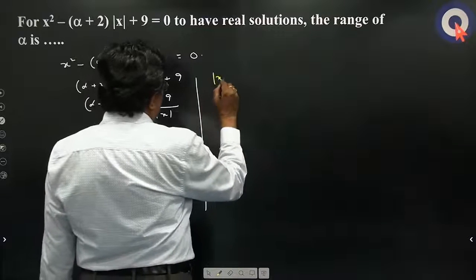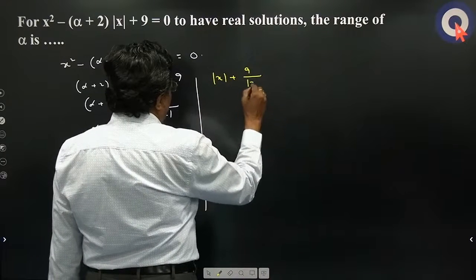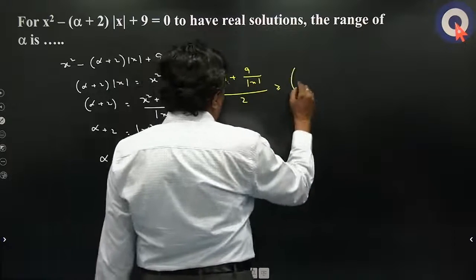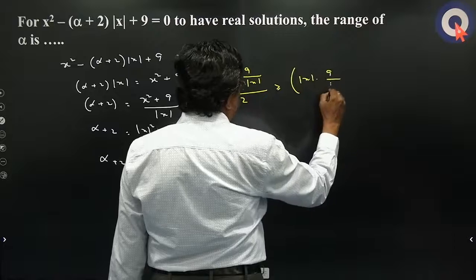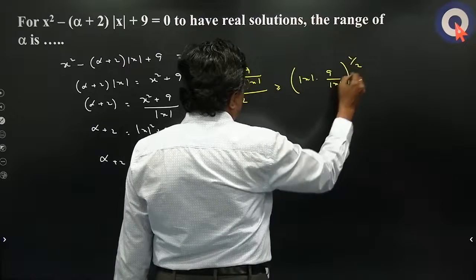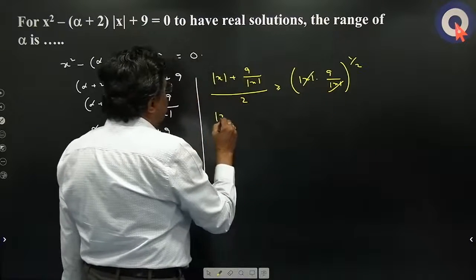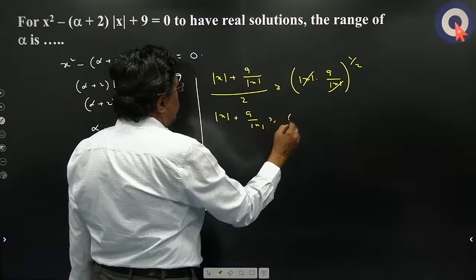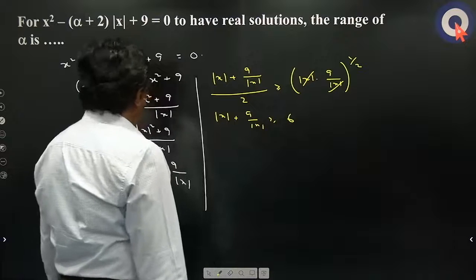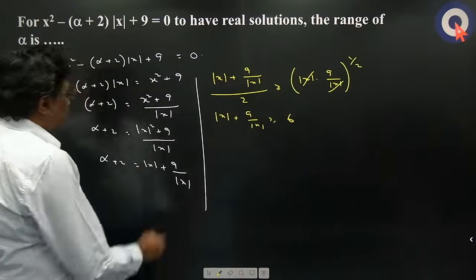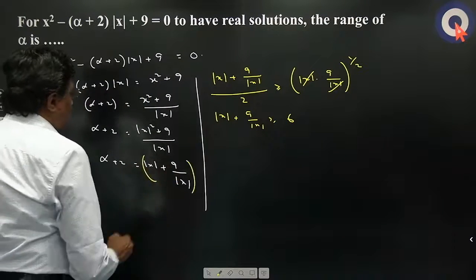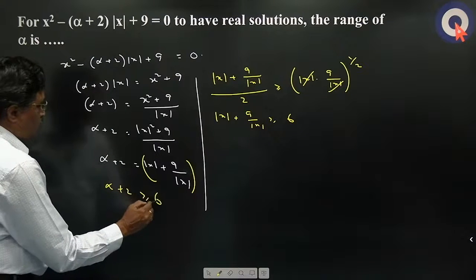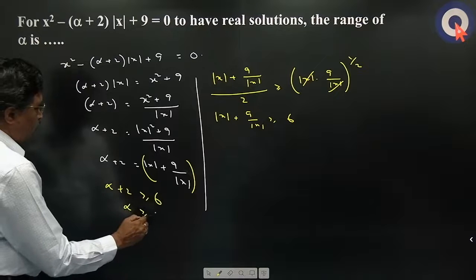Mod x plus 9 by mod x, their arithmetic mean is greater than or equal to their geometric mean, which is (mod x into 9 by mod x) to the power of 1 by 2. So you have mod x plus 9 by mod x greater than or equal to 3 2s are 6. All right. So that means alpha plus 2 is greater than or equal to 6. That means alpha is greater than or equal to 4.